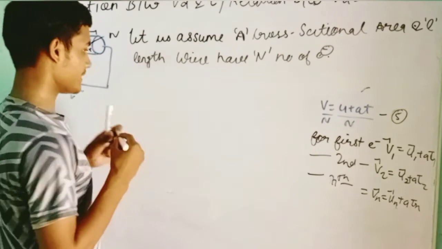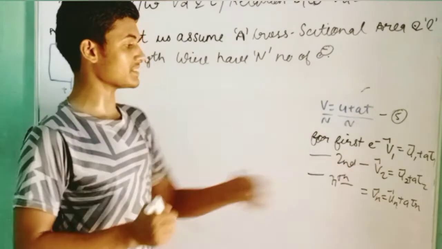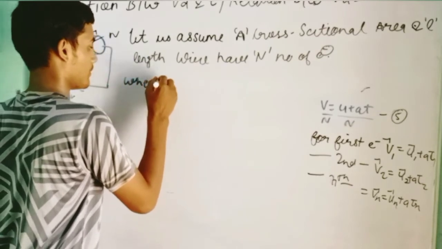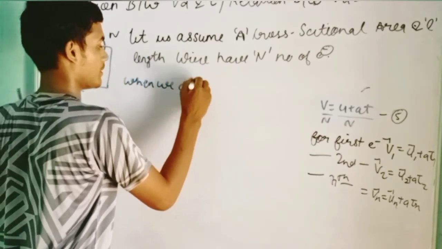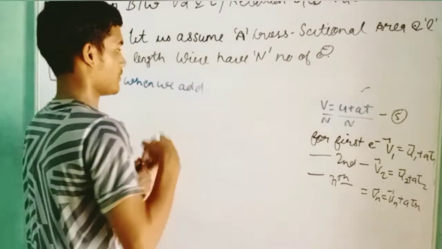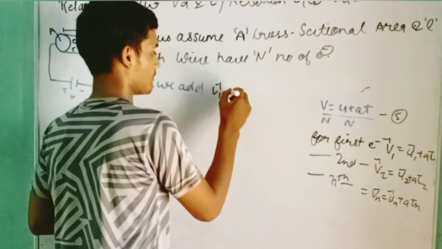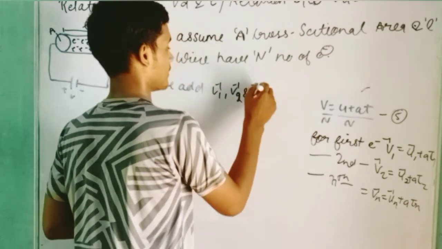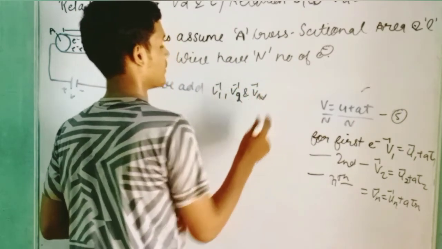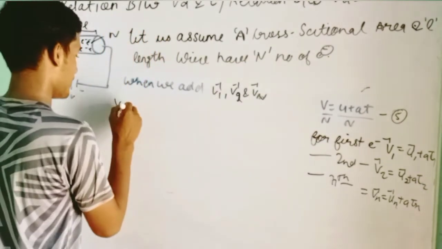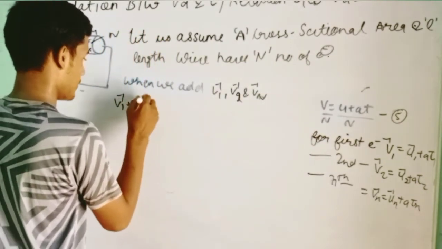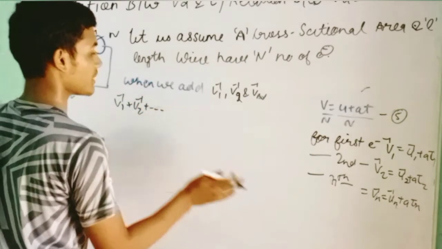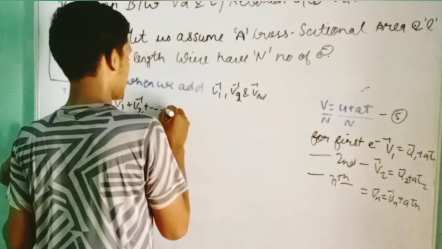When we add all the equations, v1 plus v2 up to vn, and divide by n, since there is no particular number for vn.